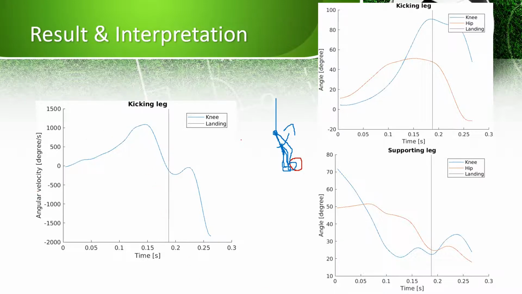So this is the thigh, okay, this is the knee, and this is the foot, okay. Then anything positive means angular velocity towards flexion, okay.